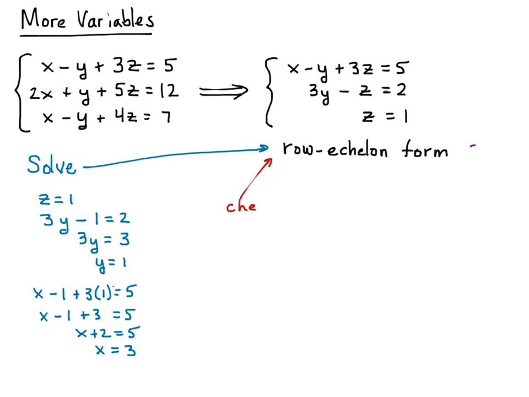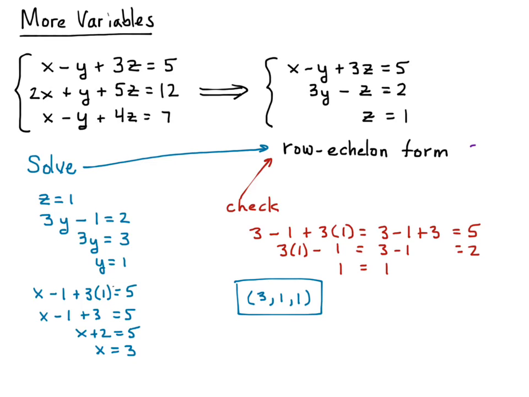So then my solution here, I can check it back in my original equations, and I'll end up with exactly the same thing. My solution is now going to be a coordinate triple, or an xyz point.